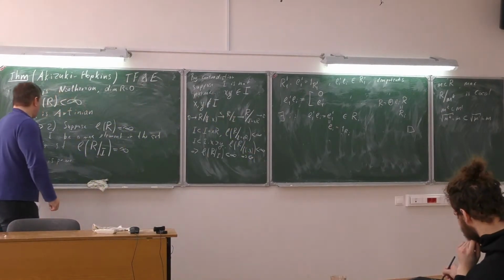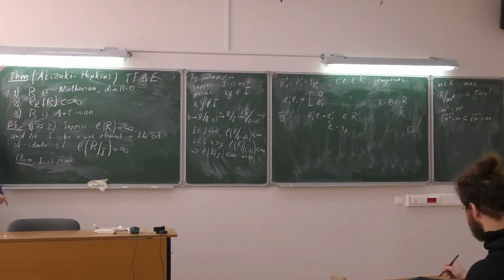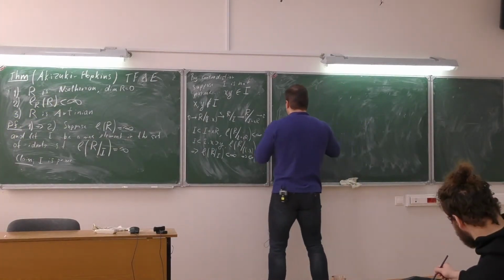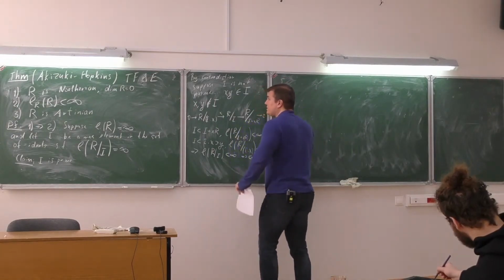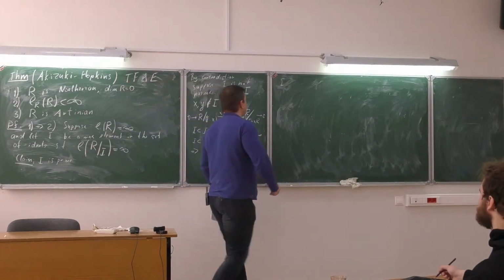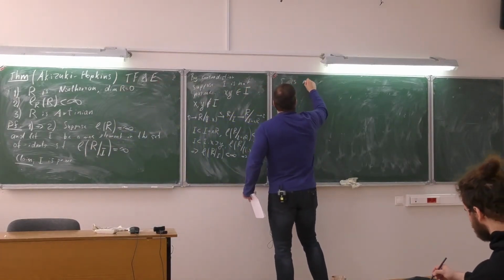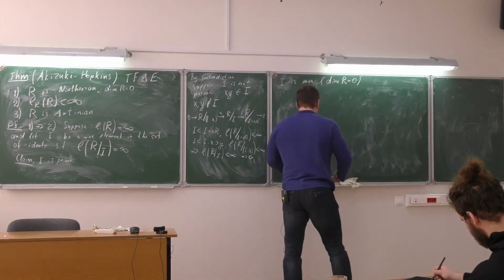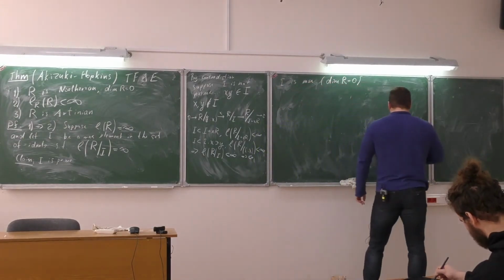So this is a contradiction, so we know that I is a prime ideal. Okay, so we have I is prime. Then, of course, we know that the dimension of the ring is 0. So if I is prime, then I is actually maximal. This is because the dimension of the ring is 0, which means that the set of all maximal ideals coincides with the set of all prime ideals.